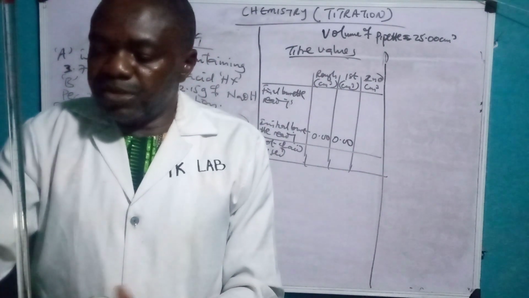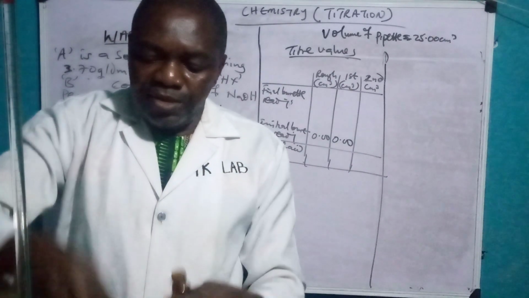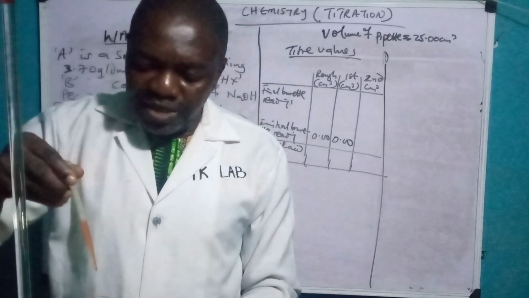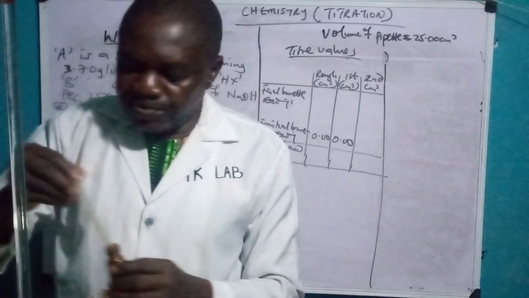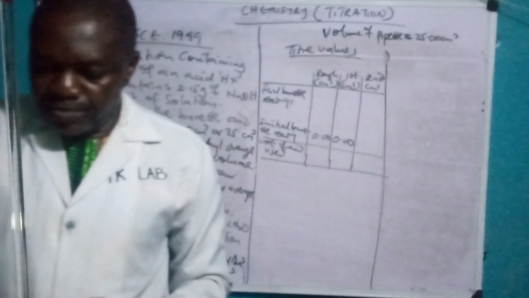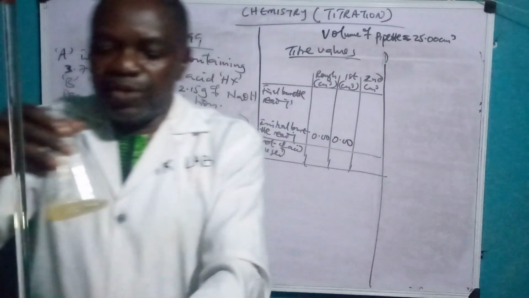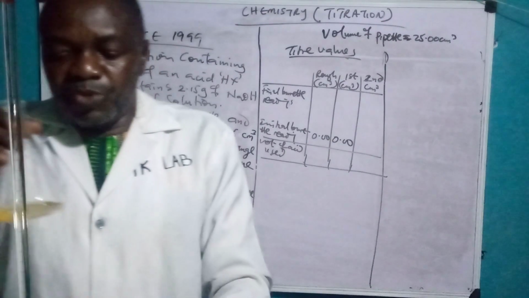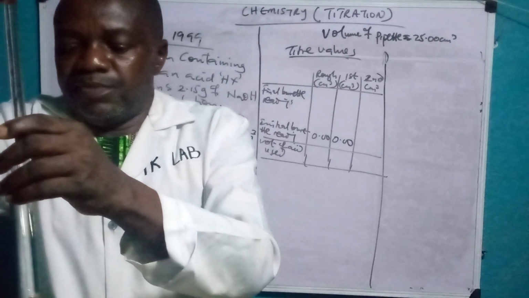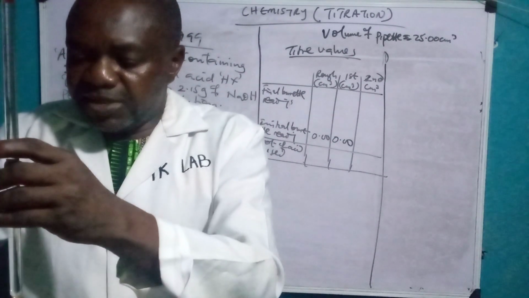Then you bring your indicator, and this is the dropper. 2 drops, like we said the other time. Good. It's yellow in color, yellowish. So you put a white tile. Meanwhile, let's readjust it and start our titration.